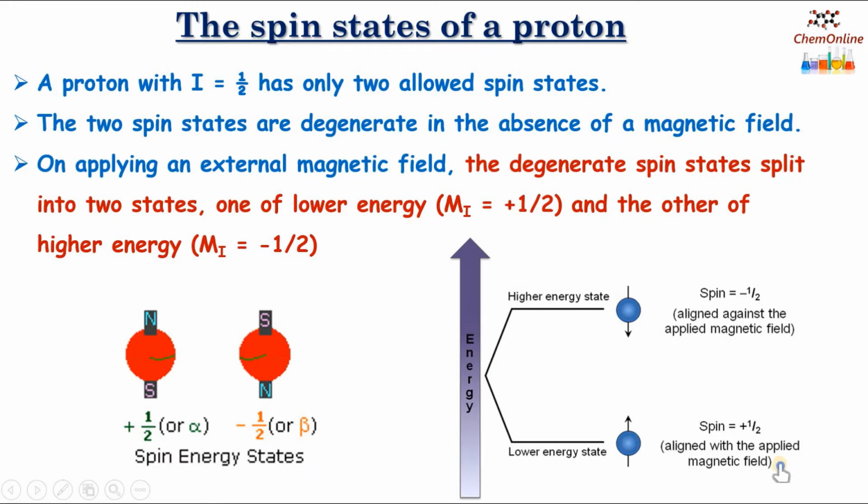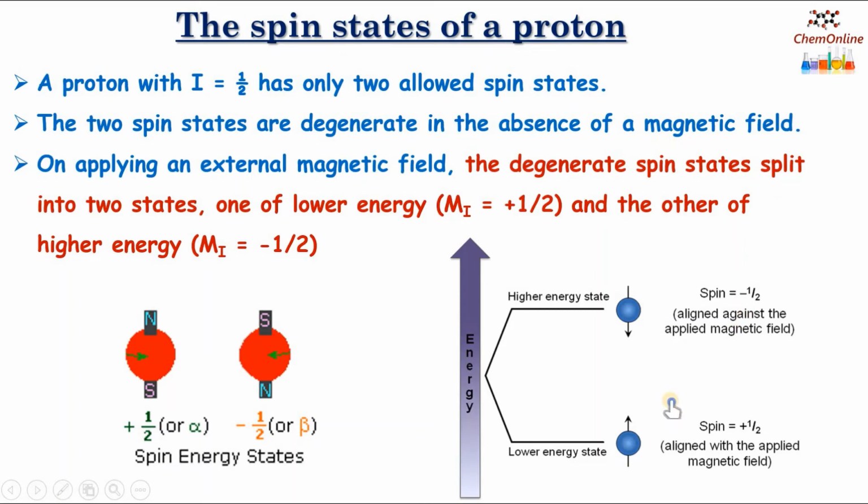And those which are aligned with the applied magnetic field will have a lower energy, that is with spin equals plus half, and those which are aligned against the applied magnetic field will have a higher energy with spin equals minus 1 by 2.